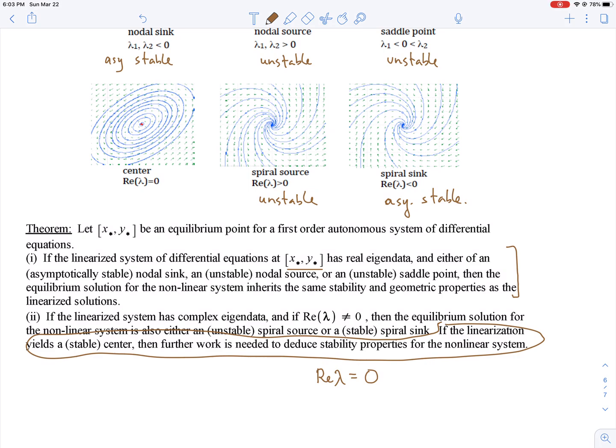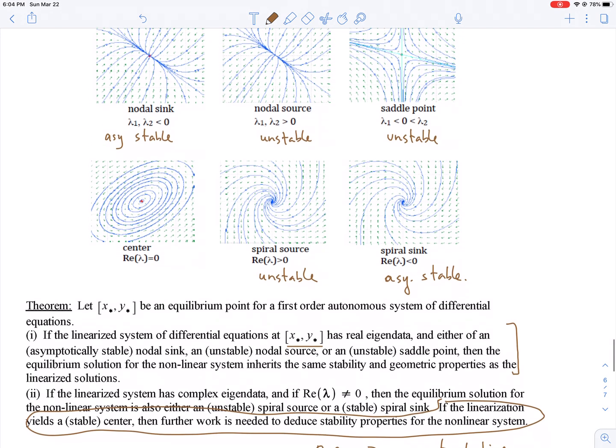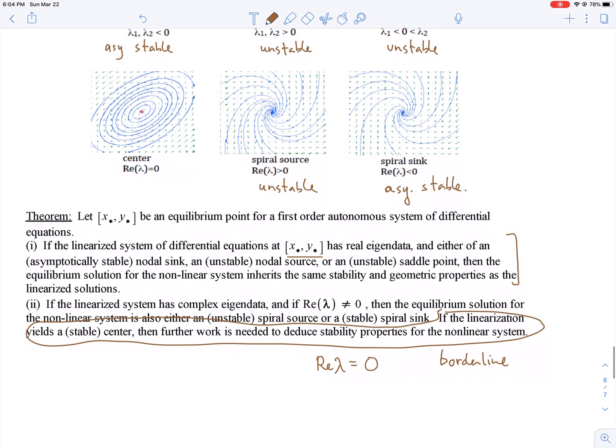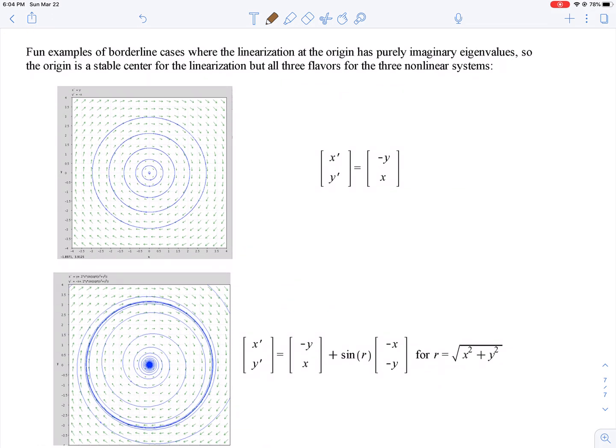Okay, so that's a fun theorem that I think gets proven in the advanced undergraduate course in differential equations, when we're going to use it. Okay, so to end this lecture, let me talk a little bit more about the borderline case.